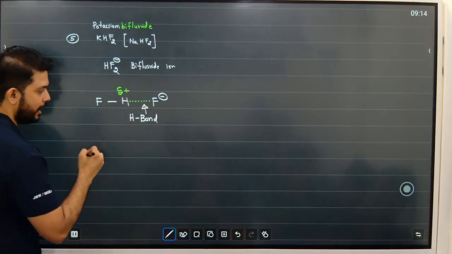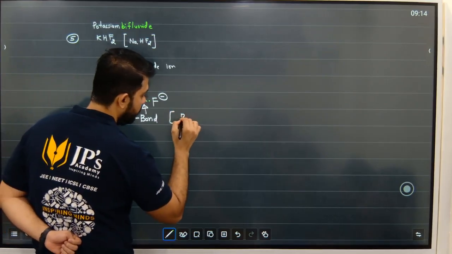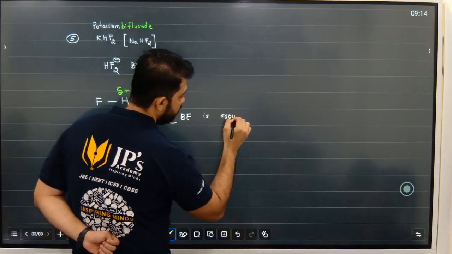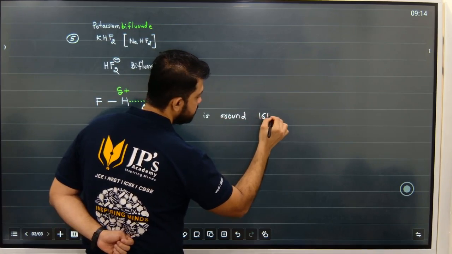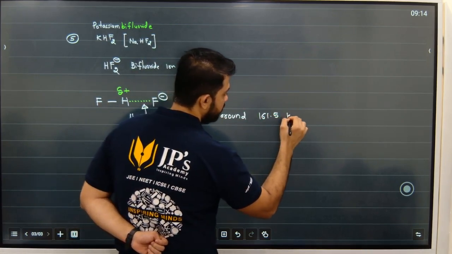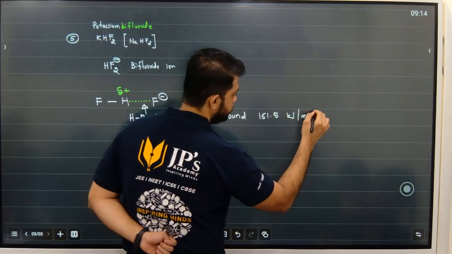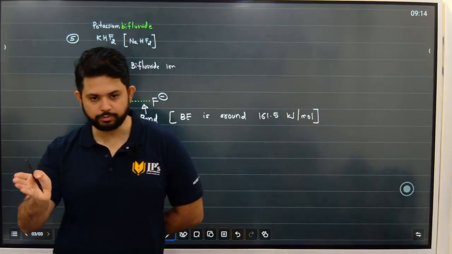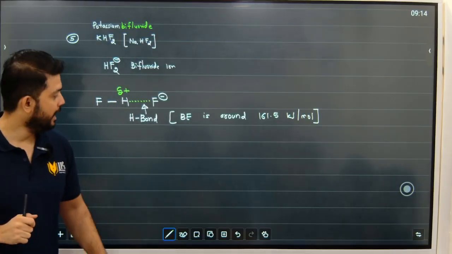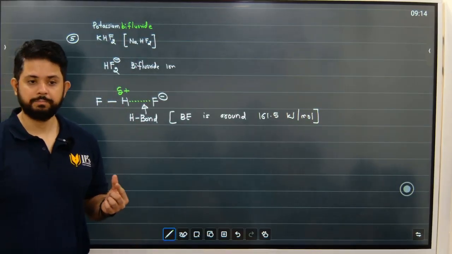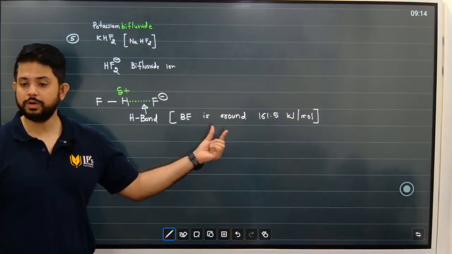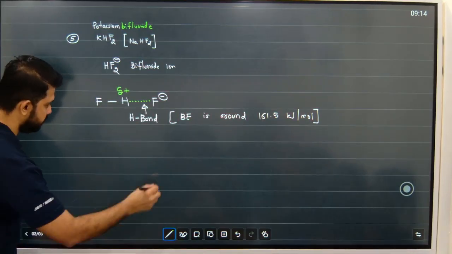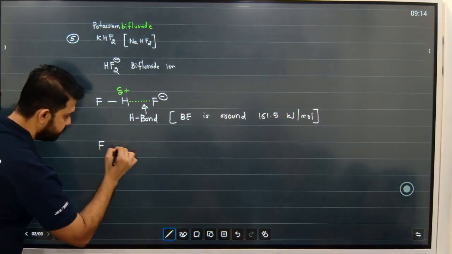And this particular hydrogen bond, the bond enthalpy is around 161.5 kilojoules per mole. So usually where the bond enthalpy for a hydrogen bond is around 10 to 45 kilojoules per mole, in bifluoride ion the hydrogen bond is nearly 4 times stronger. Sometimes the bifluoride ion is also made like this.